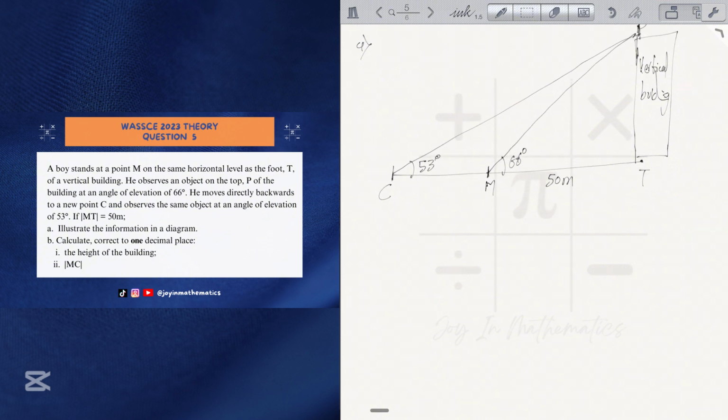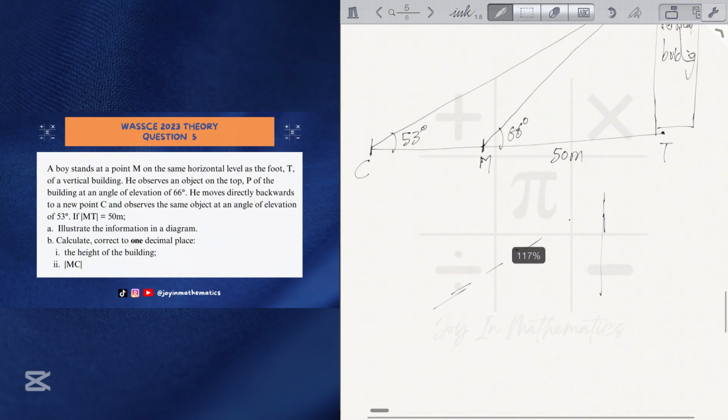And now let's just draw it in a more simple way. Remember, we are dealing with right angle triangles when we are solving questions based on angle of elevation and depression. So let's draw the right angle triangle. We have something like this. Let's zoom in.